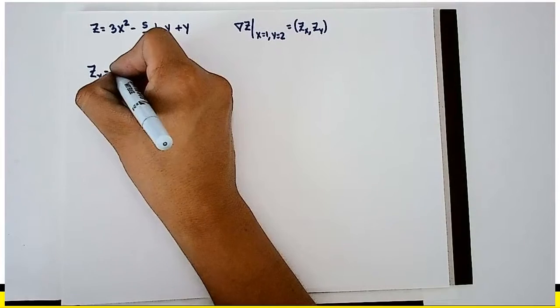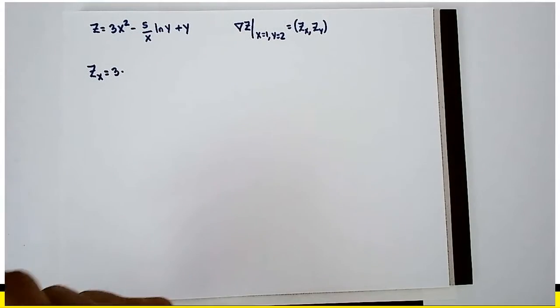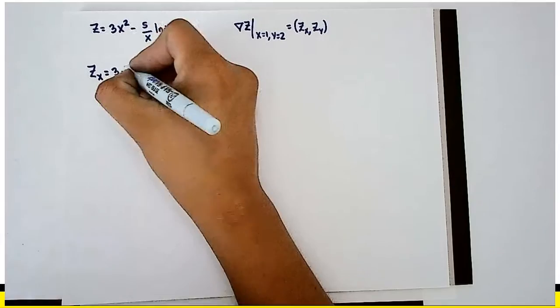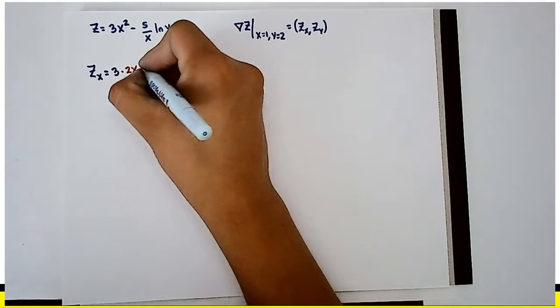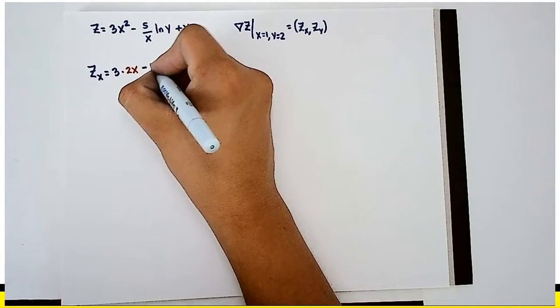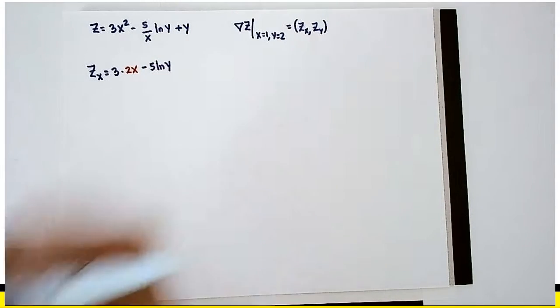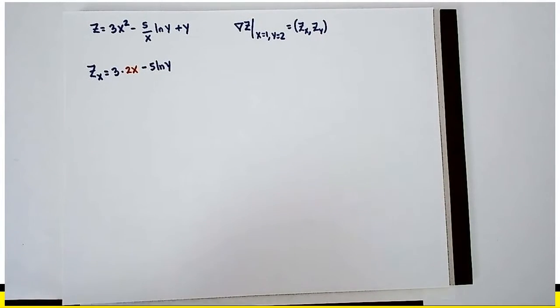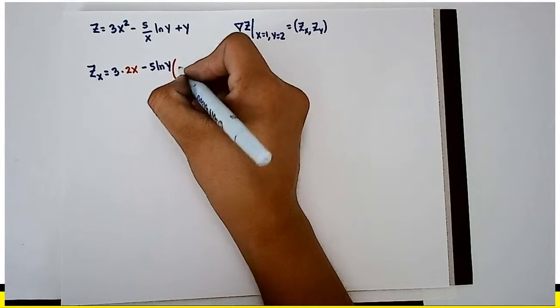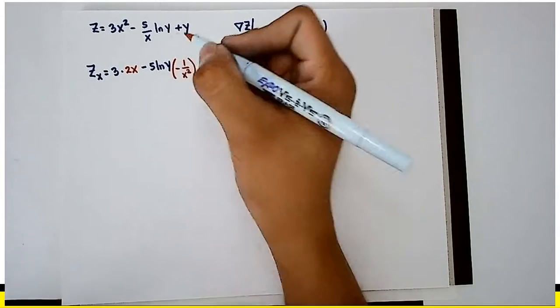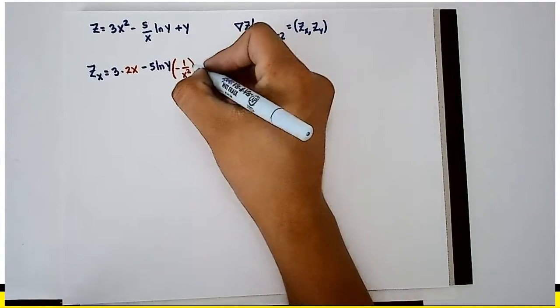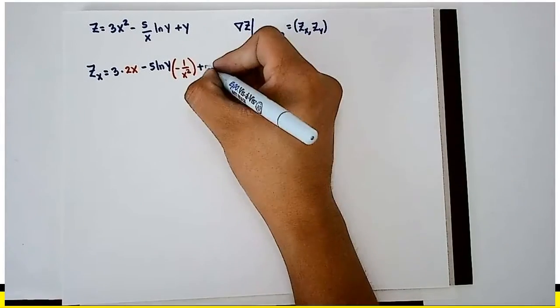So here the constant part is 3 times derivative of x squared is 2x, minus, notice that the constant part here is 5 log of y times the derivative of 1 over x is minus 1 over x squared, plus 0.